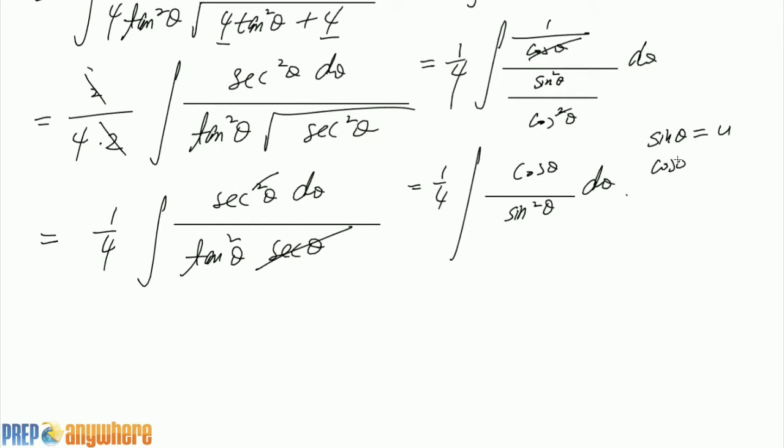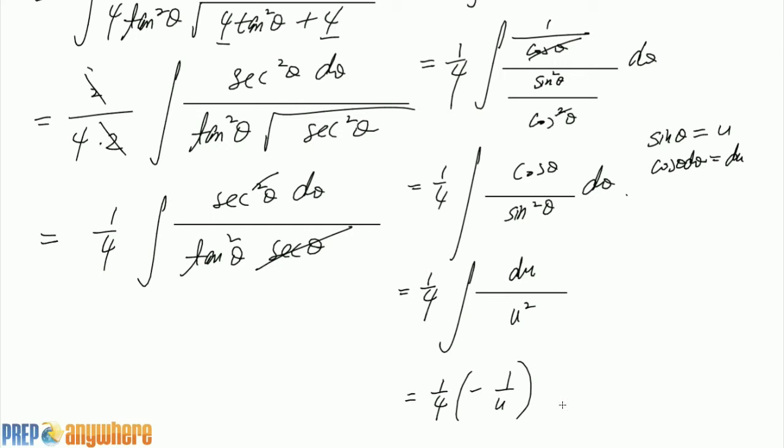Then we get cosine of theta d theta is equal to du. So we get du on top, and sine squared theta is u squared. So minus 1 over u. Okay, plus some constant, of course.